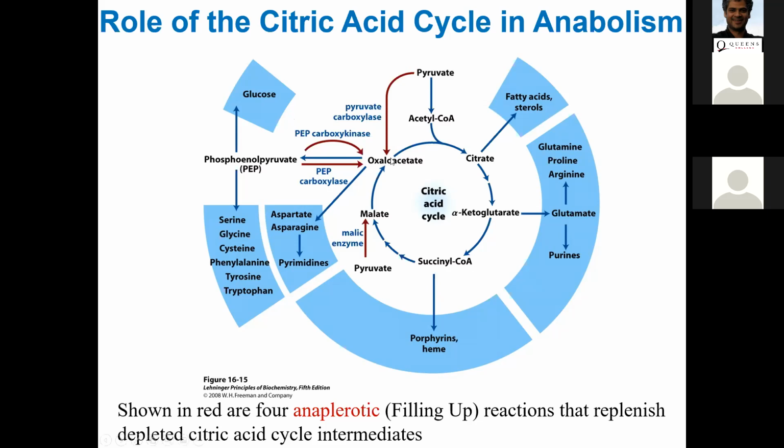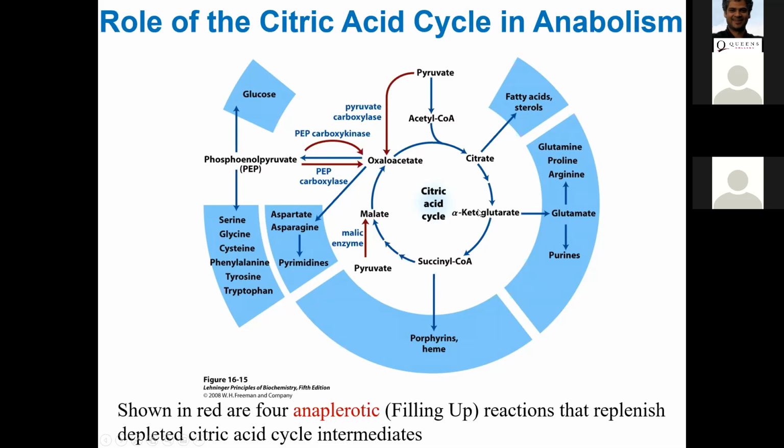If you look at this, just look at the blue arrows. You start out from the top with pyruvate and acetyl coenzyme A. You can see that they go through the citric acid cycle, and the cycle reactions are all there. But you will also notice that the intermediates of the citric acid cycle can be siphoned away, arrows going outward. For example, citrate can be taken out and utilized to synthesize fatty acids and sterols.